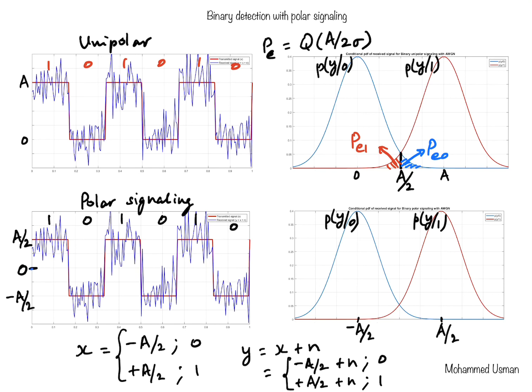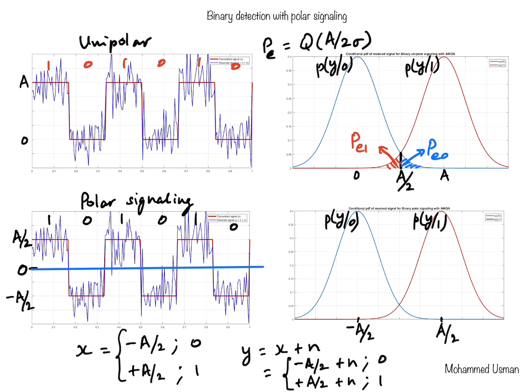So that will be the threshold which we will use for making our decision. If the received signal y is above the threshold, we will decide in favor of a 1. If it is below this threshold, we will decide in favor of a 0.